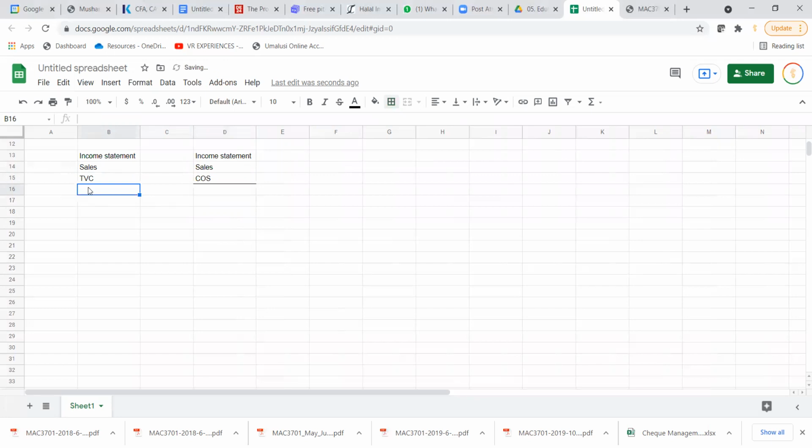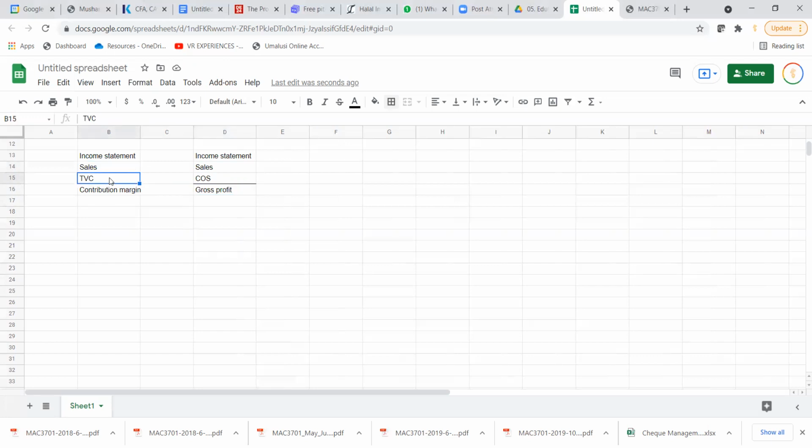For the variable income statement, it is sales minus total variable costs, and this gives us contribution margin. Whereas over here, we get gross profit. Remember, sales minus cost of sales gives you gross profit.